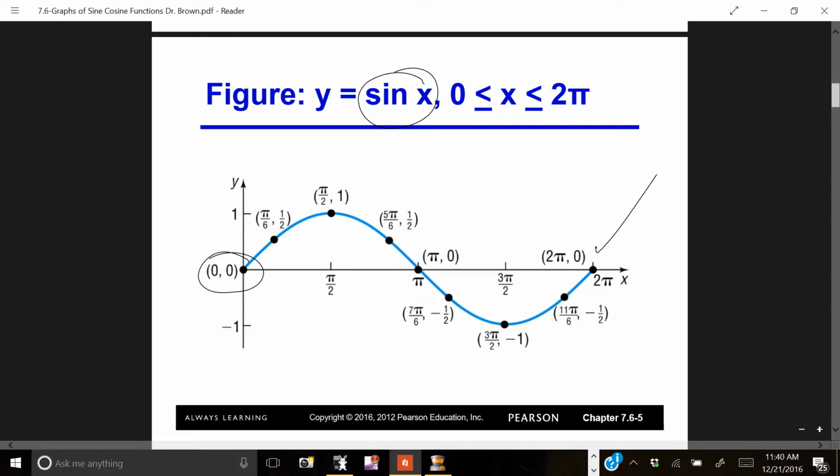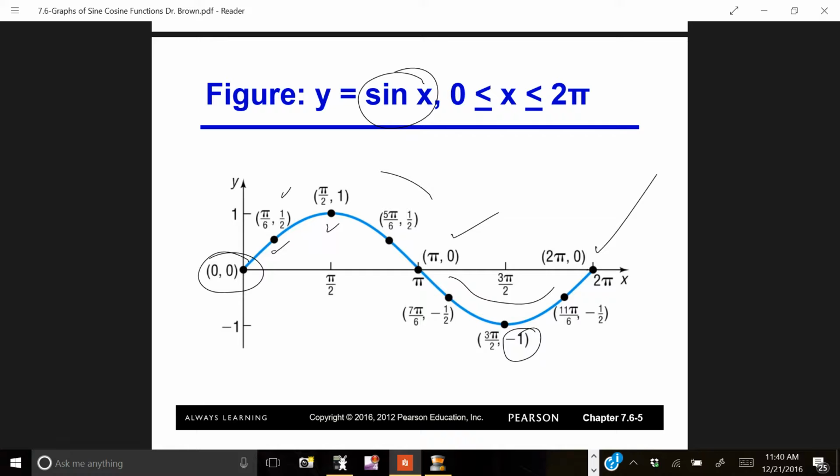The value at pi over 6 is equal to 1/2. At pi over 2, it's 1. Then it begins to decrease, and at x equal pi, we have 0. Then it goes negative and goes all the way down to -1, and then comes back to 0, and then repeats.